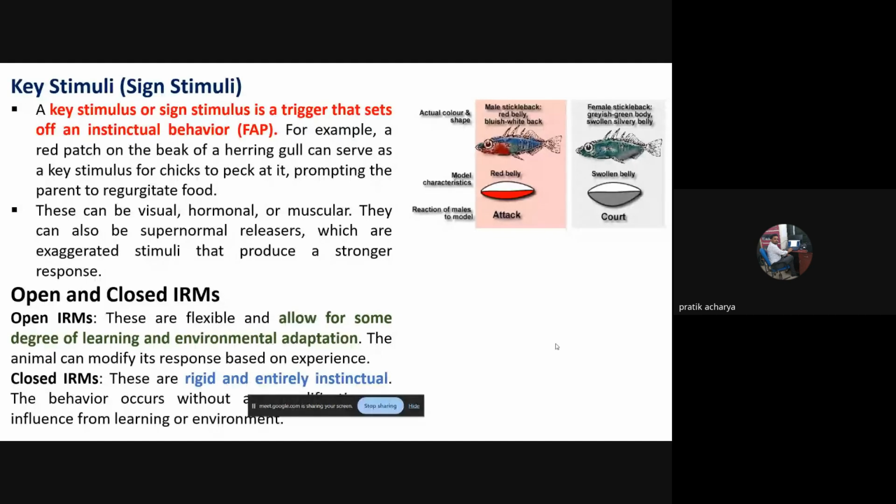But in open IRM, there are certain environmental influences, because all these are part of innate behavior, not adaptive behavior. But in open IRM, in certain conditions, there are influences of external or environmental factors, or learning patterns, or the process of adaptation. So these are different types of IRMs.